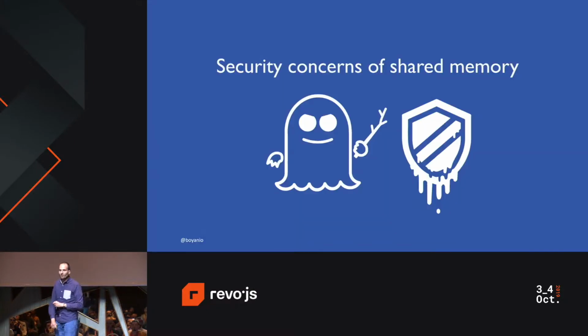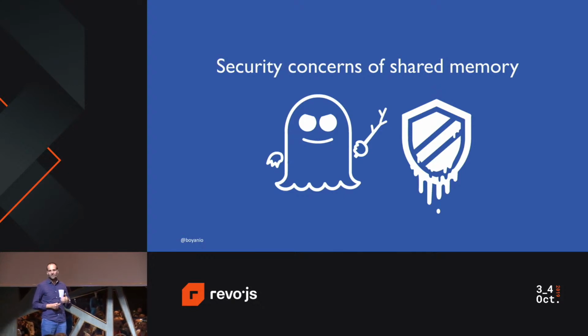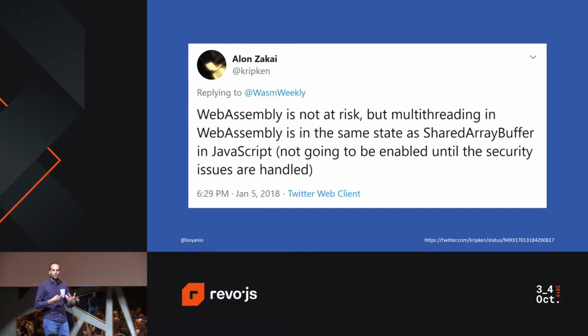However, there is one problem. And maybe some of you remember some time ago we had these two vulnerabilities, Spectre and Meltdown. What it caused was that many browser vendors had to disable SharedArrayBuffer because it was enabling these two vulnerabilities. At this time, people started discussing what is going to happen with WebAssembly now.